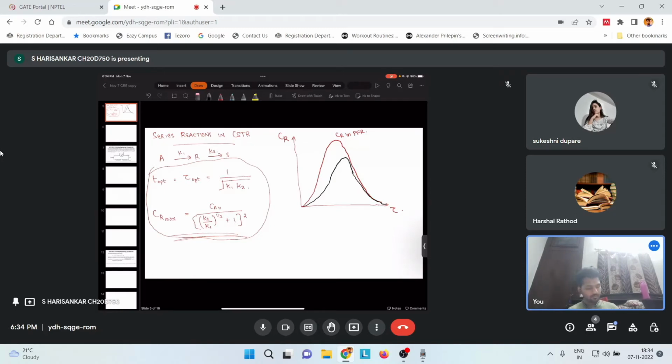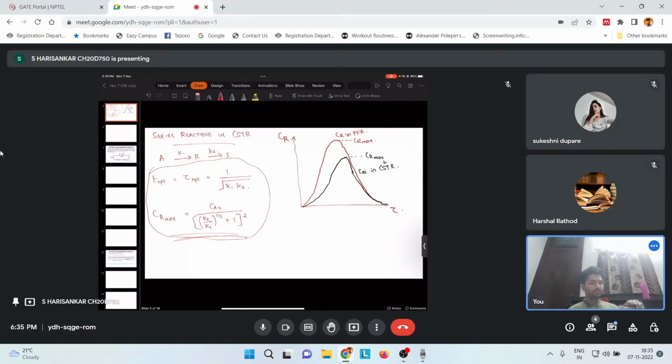So this is CR in CSTR. This will be the CR max for CSTR and this will be the CR max for PFR.